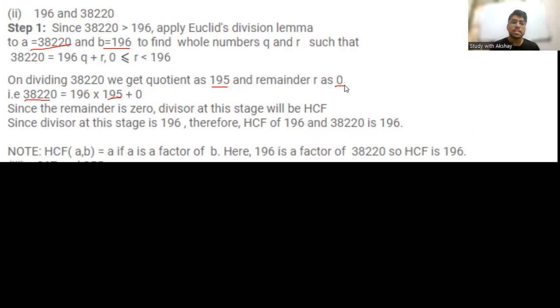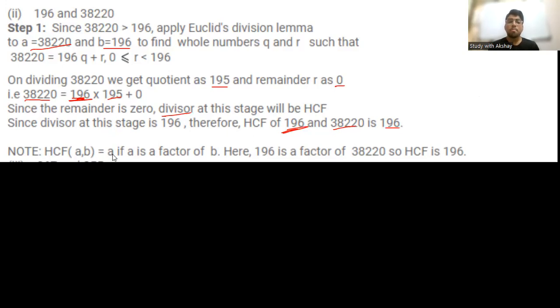Remainder we are getting as 0. So the divisor at this stage is the HCF of 196 and 38220. What is the divisor we have taken? We have taken the divisor as 196. So 196 is the HCF of 38220 and 196. Note, there is one note over here.